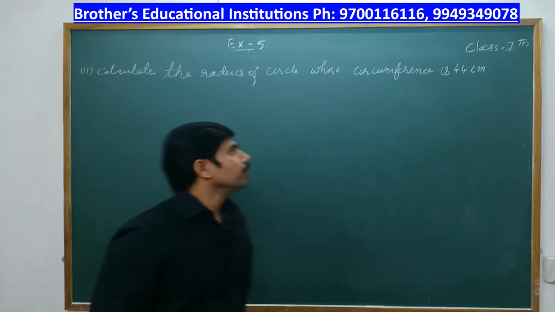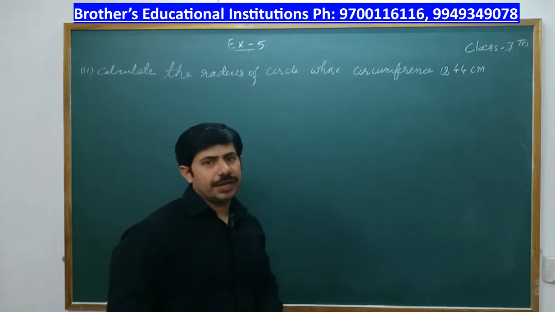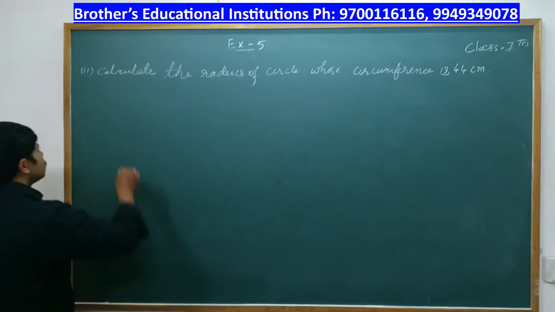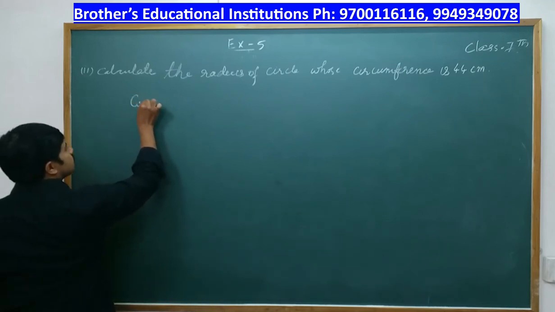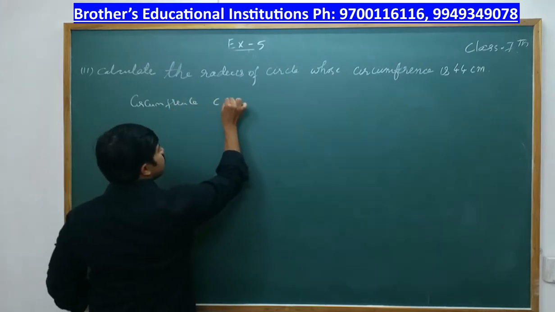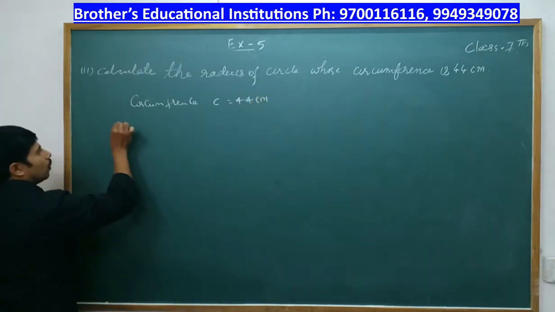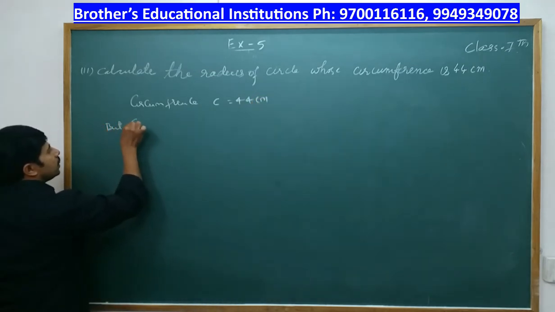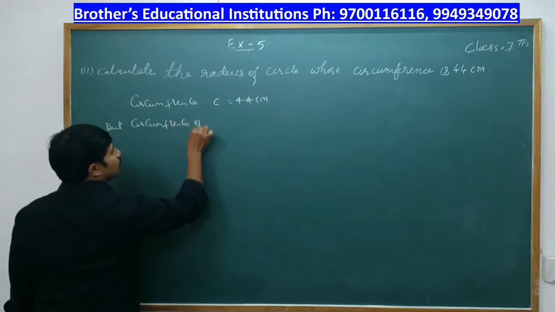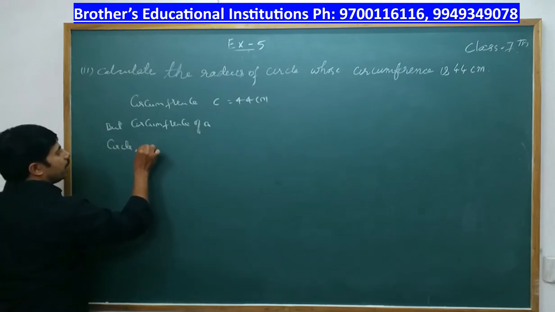Okay. Next problem. Calculate the radius of a circle whose circumference is 44 centimeters. So here we have to find out r when the circumference is given. Okay. So here the circumference C is equal to 44 centimeters. Now the formula: what is the circumference of a circle when the radius is r?